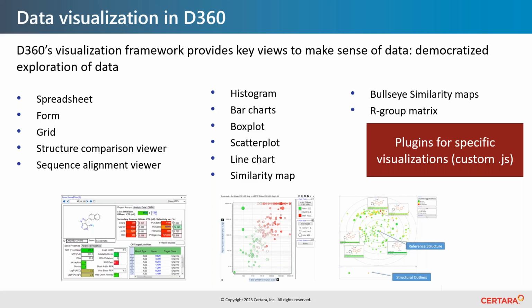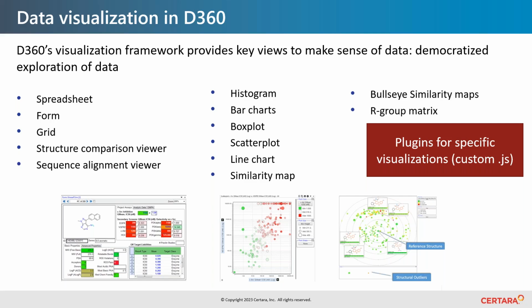So there are the spreadsheets, forms, and other types of viewers that are specific to the research data, and then more general types of graphs, so histograms, bar charts, box plots, scatter plots, you name it. And also domain specific for small molecules is the R group matrix view, for example.